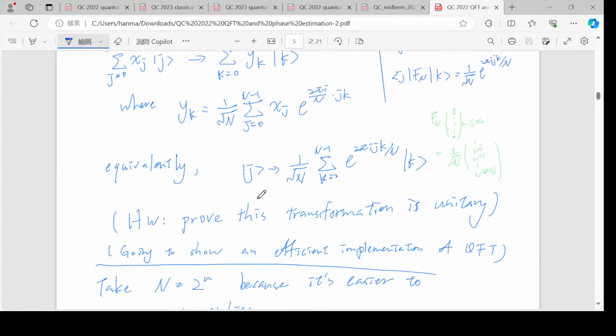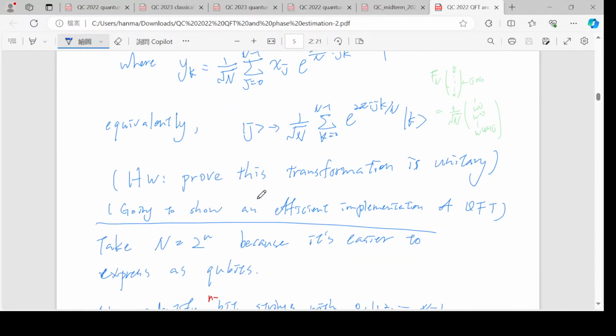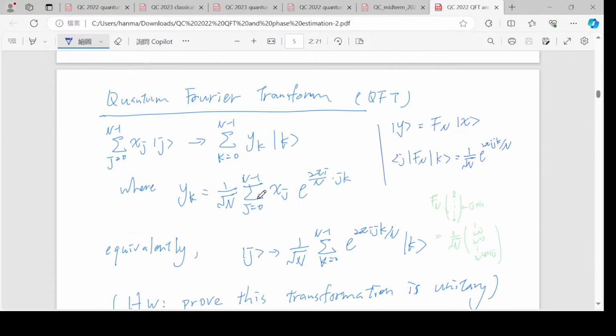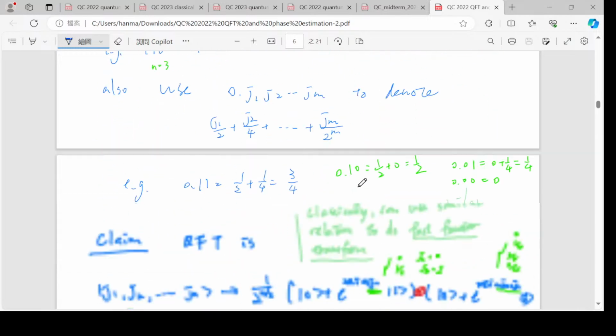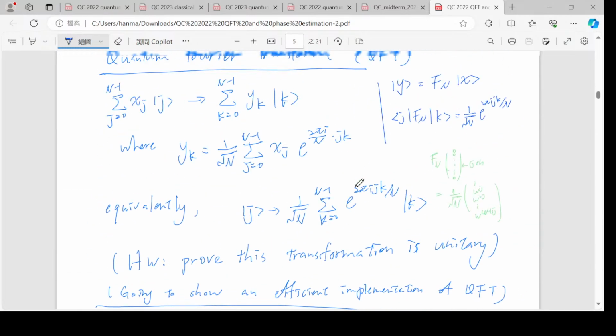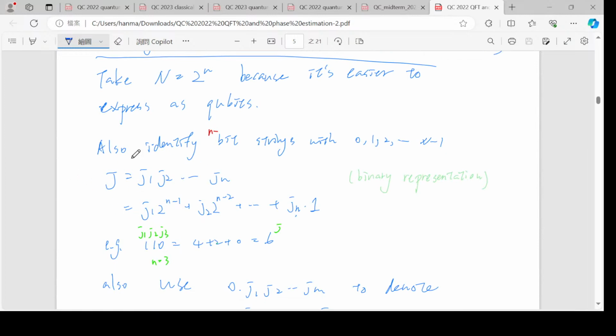Okay, and then we go to the thing that will actually connect to our topic today. This is the result we want on the quantum Fourier transform. Now we start going into a bit of the phase of the quantum Fourier transform. First we define this notation, which we will also use today. We start to write numbers as bit strings.